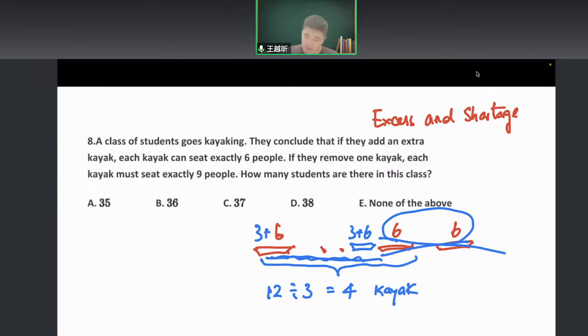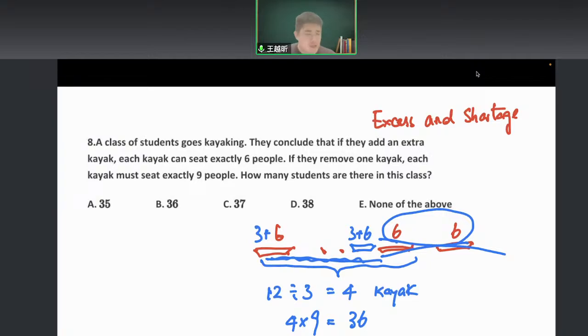So total it will be 4 times 9, 36. So this is about excess and shortage. We have another excess and shortage question in the sample paper. So the answer is 36.